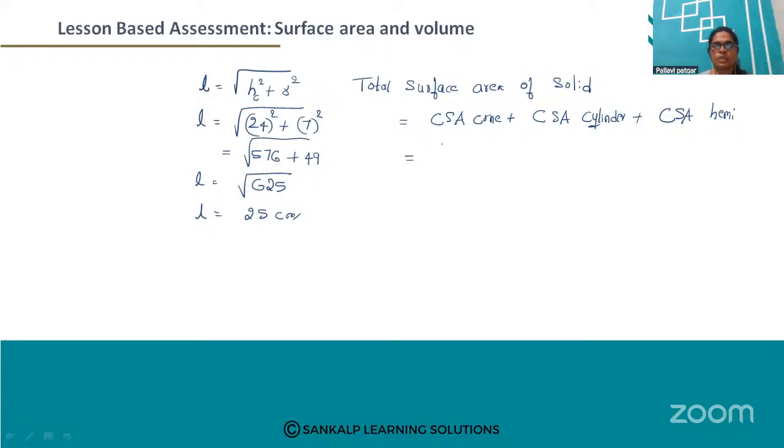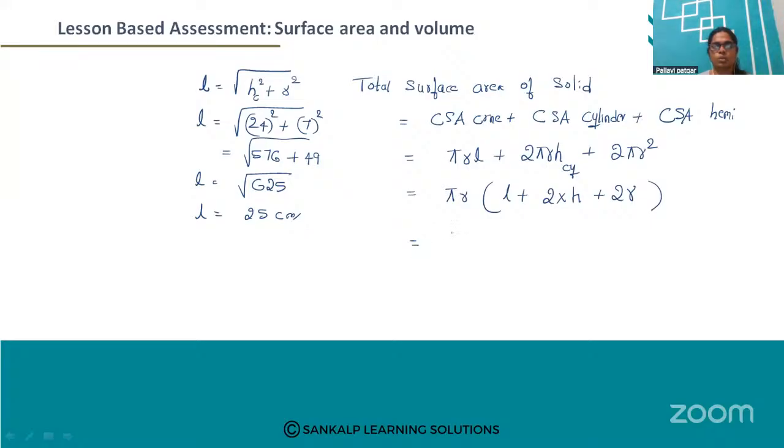This is equal to curved surface area of cone formula pi RL, plus curved surface area of cylinder 2 pi RH, plus curved surface area of hemisphere 2 pi R square. Here pi R is common in all the terms, so pi R into bracket L plus 2H plus 2R.